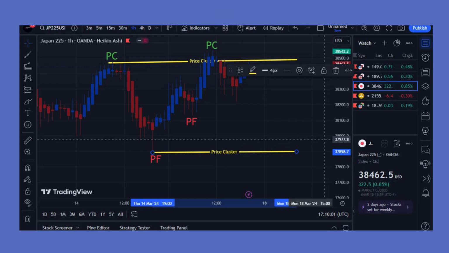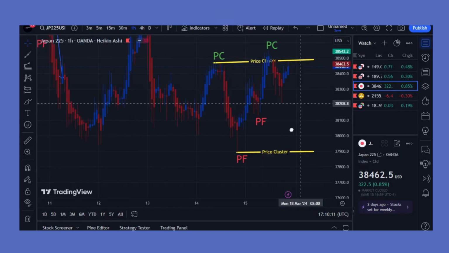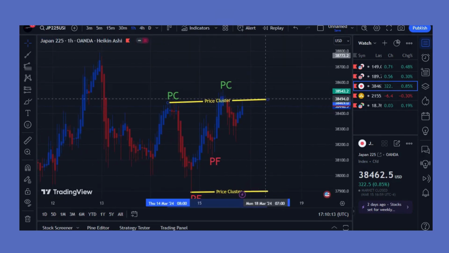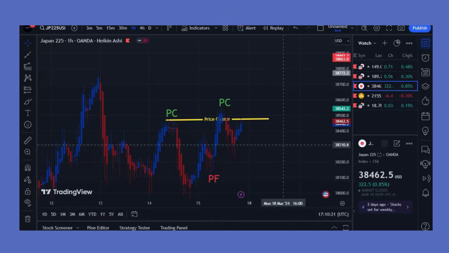And let me see if we're going to have another price cluster to the upward. For now, there is no price cluster that has been formed, and I see something that we spoke about in the previous videos, a concept that I've introduced to you that is currently in play here.